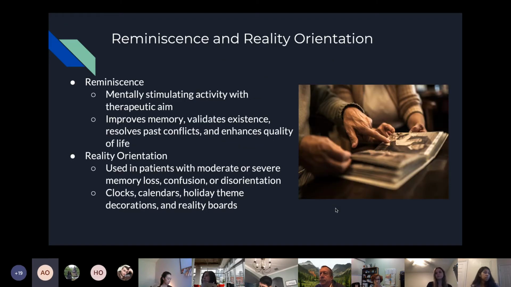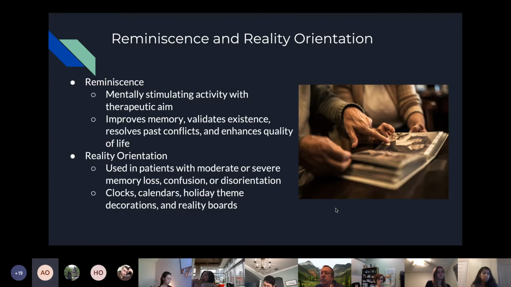Next slide. Reminiscence and reality orientation. Reminiscence is one mentally stimulating activity that has a therapeutic aim, and studies have shown the value of this process as a means of improving memory, validating existence, resolving past conflict, and enhancing quality of life.